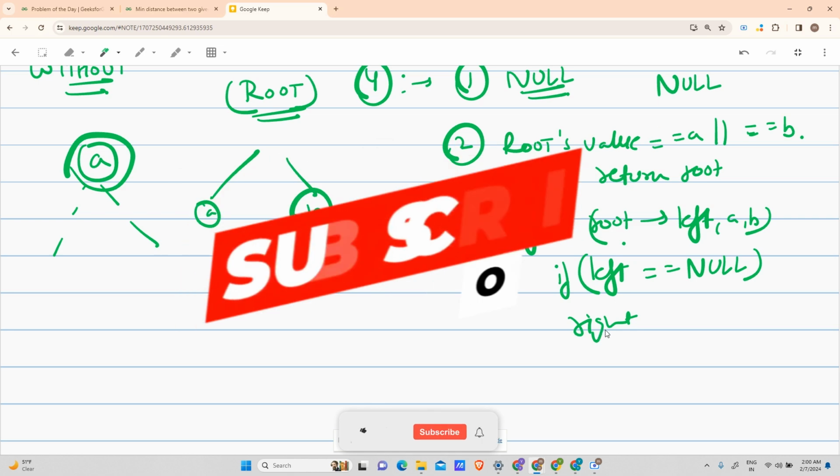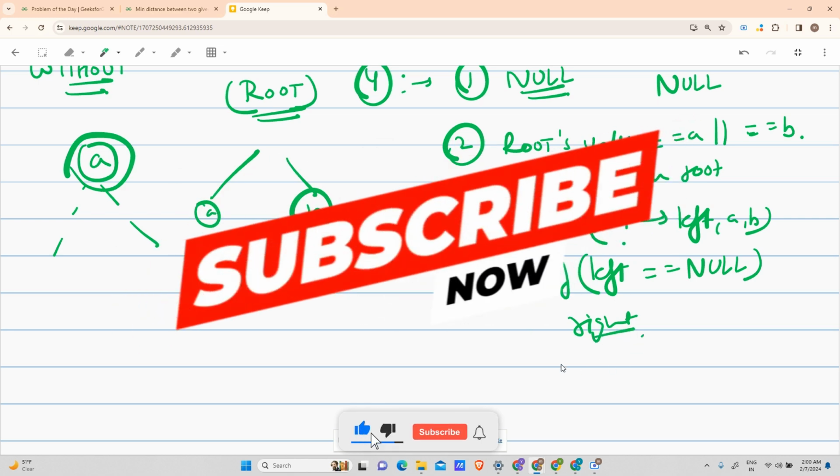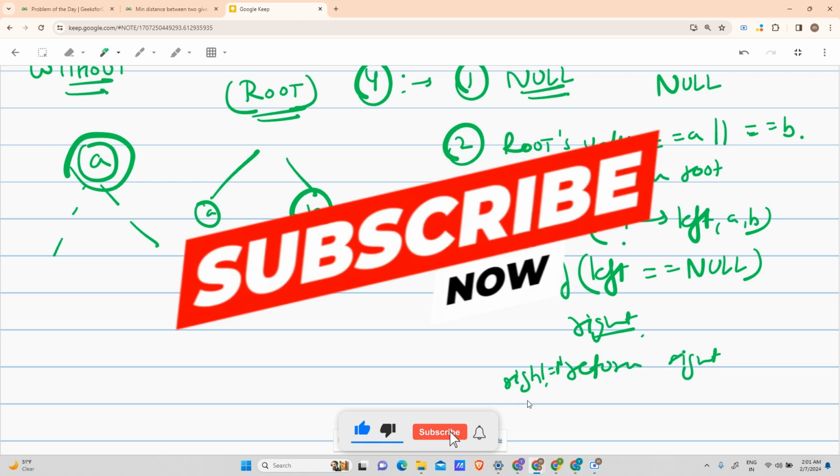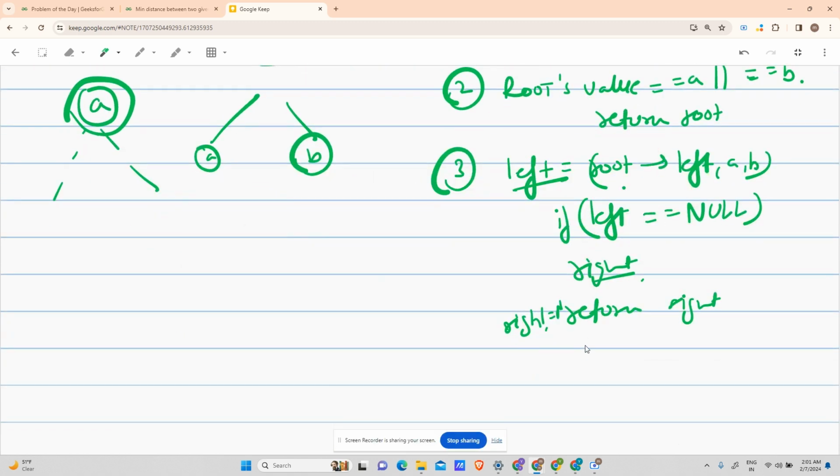Do the same steps for right. If done, then return right if right is not equal to null. If both of them are not null, in that case, return root. That is this case, return root, right?